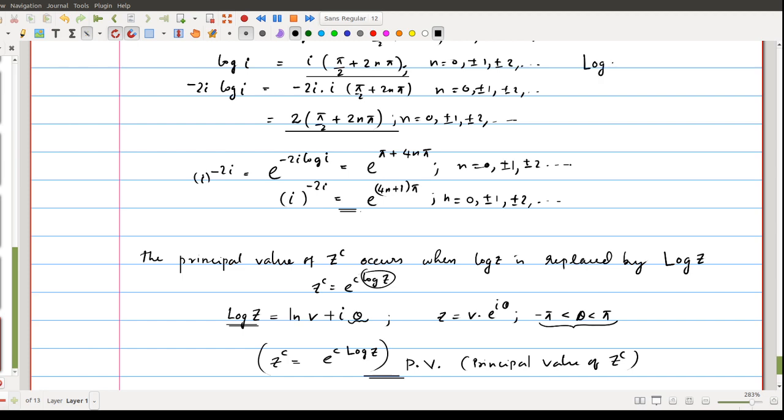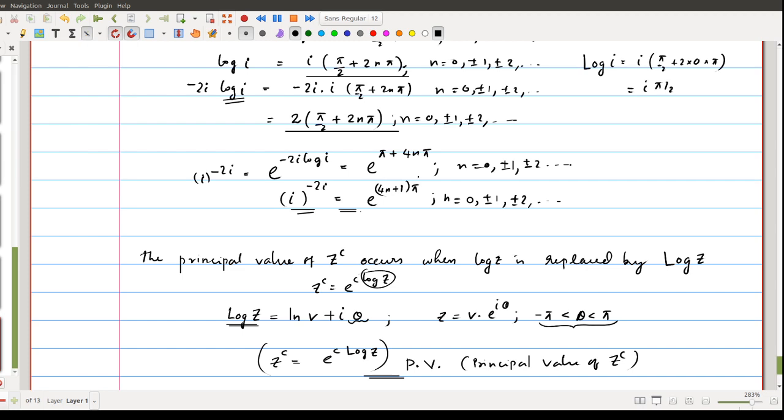That is, capital Log i will be i times pi by 2 plus 2n pi with n equal to 0, so this gives i pi by 2. When we use this i pi by 2 in place of log i, the corresponding value of i to the power minus 2i is the principal value. In the case of the principal value, we have e to the power pi, by putting n equal to 0 here.